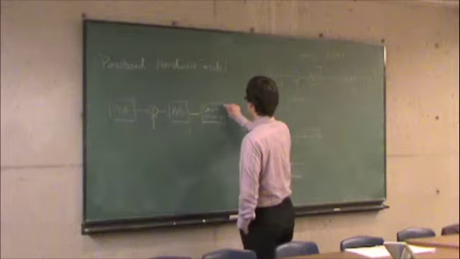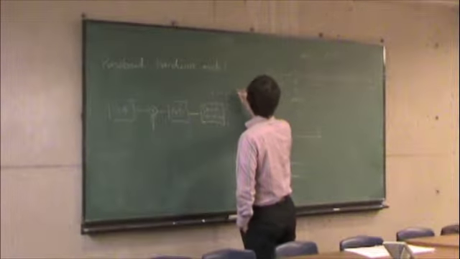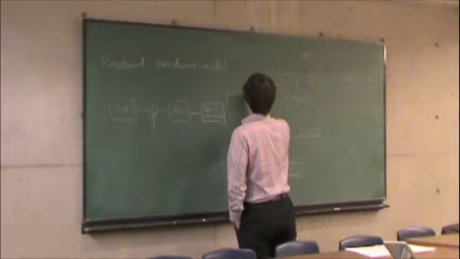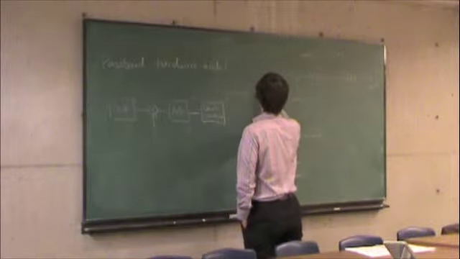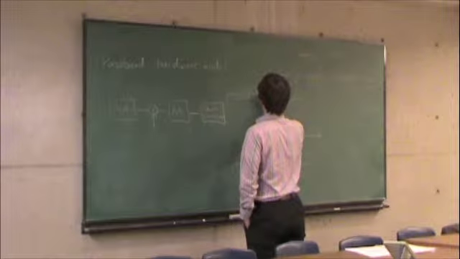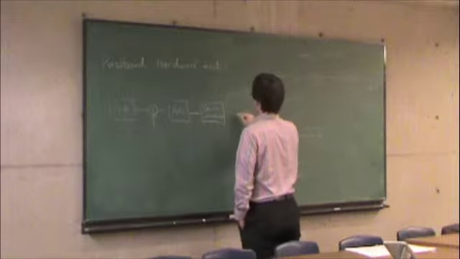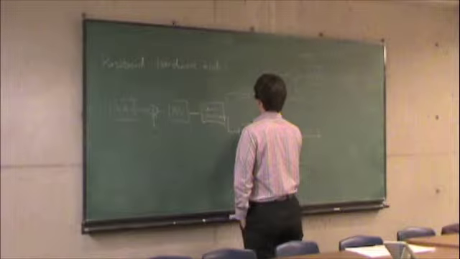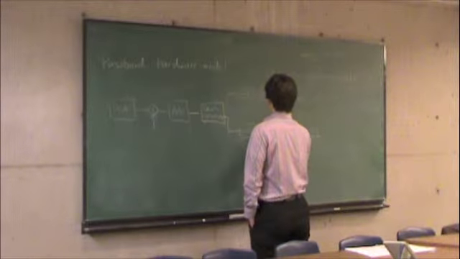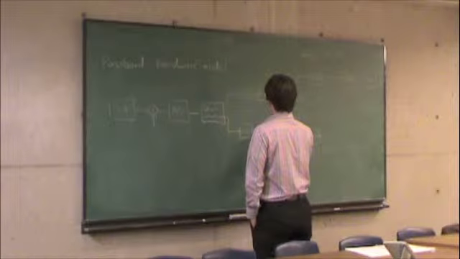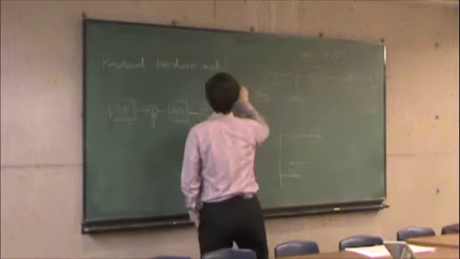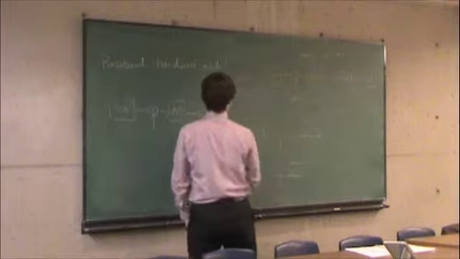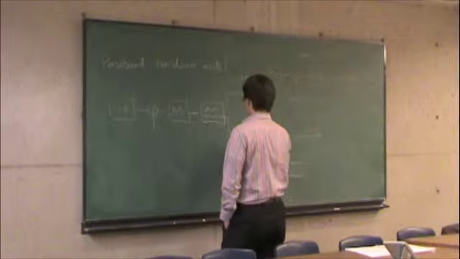Down conversion gives me 2 outputs, each of which carries a signal. This is the in-phase leg of the detector, and this is the quadrature.